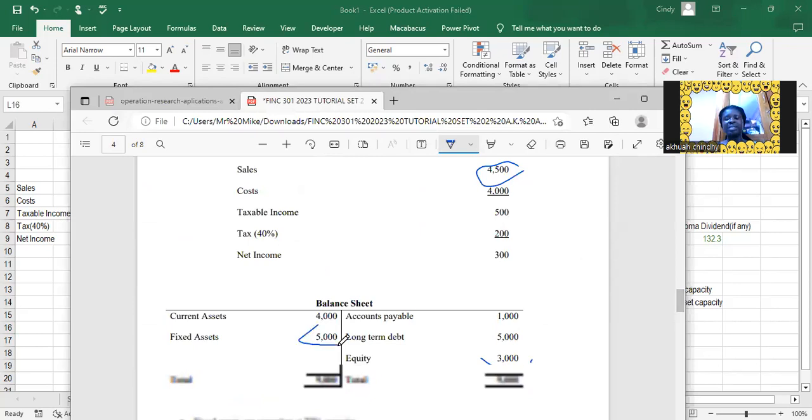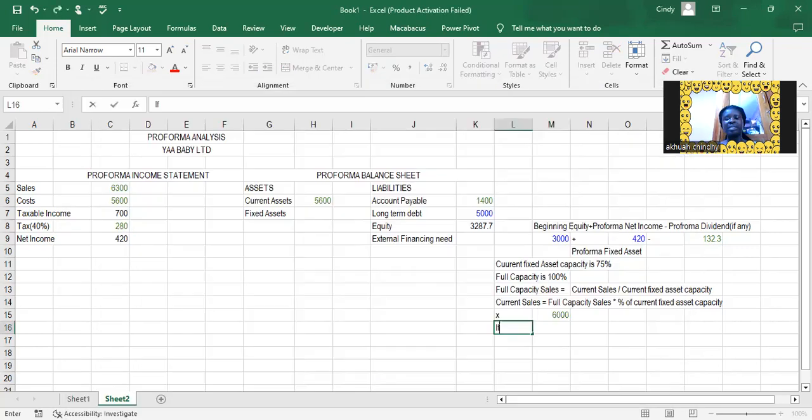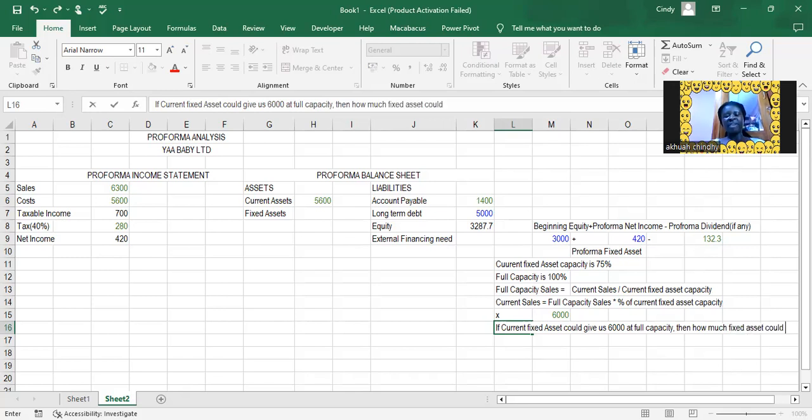So if our current fixed assets could give us 6,000 at full capacity, then how much fixed assets could give us what?